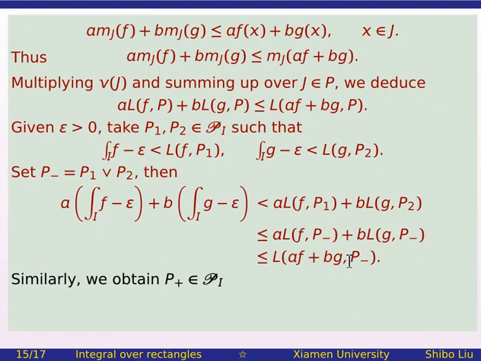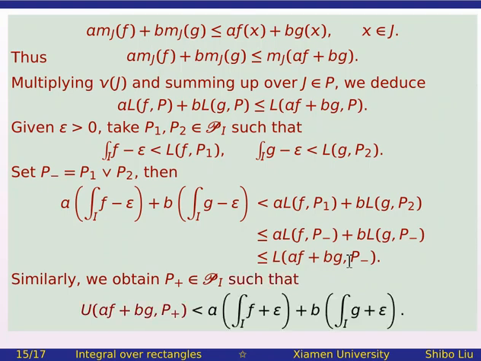And using a similar argument, we can obtain the upper sum of the linear combination. So we will obtain this inequality. So we decrease the integral of f and g slightly, and then make a linear combination, which will be controlled by the lower sum of the linear combination.